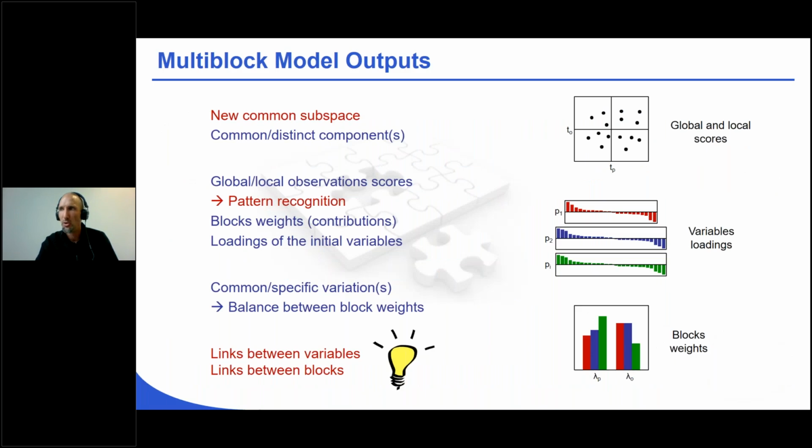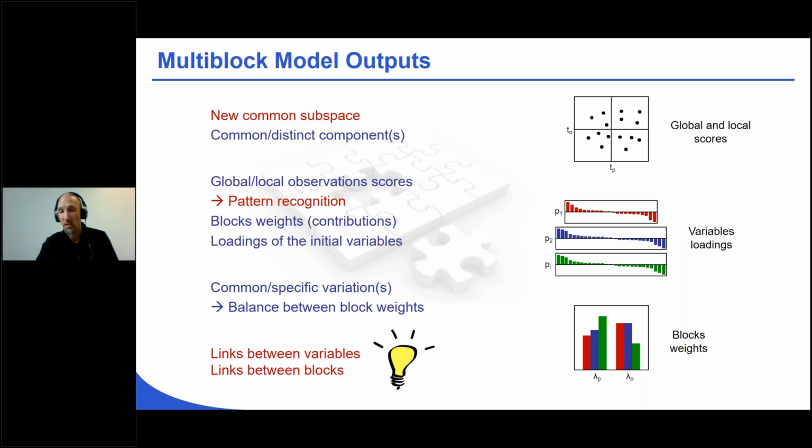In the end, you get a multivariate model that looks a lot like the ones you are used to working with: a score plot that gives you the distribution of the samples in a new subspace that is common to all the data matrices. The models are most of the time linear, so you will be able to go back to the loadings of the variables to assess their importance in the model.